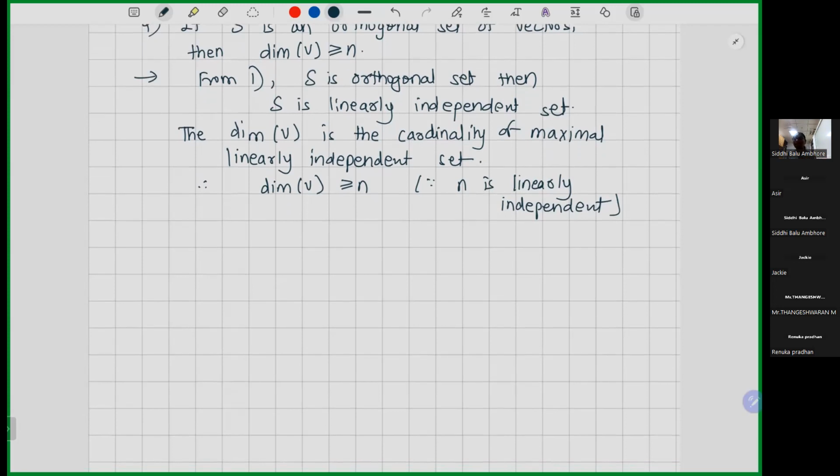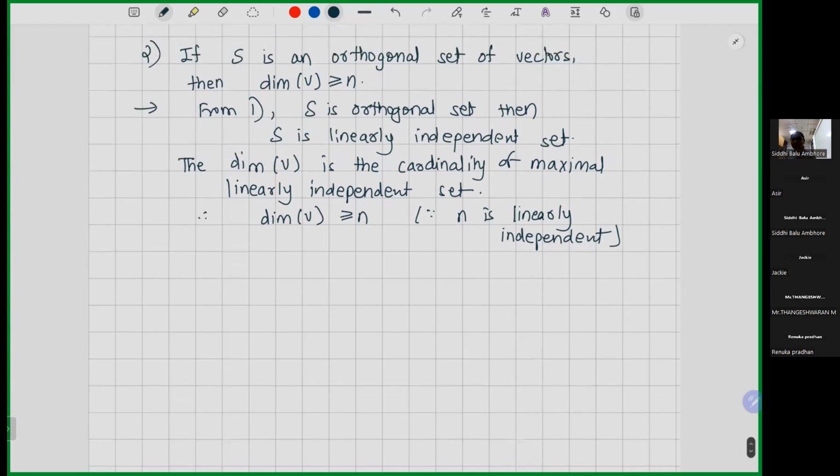That's why the cardinality of an independent set need not be equal to the dimension. In that case, this n will be less than or equal to the dimension of V. Is it clear?